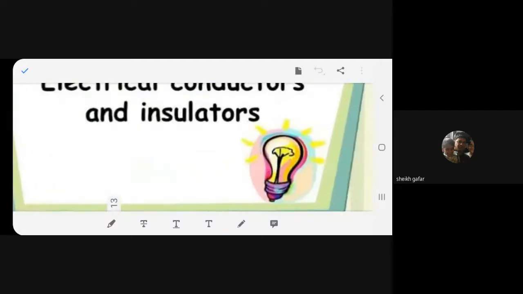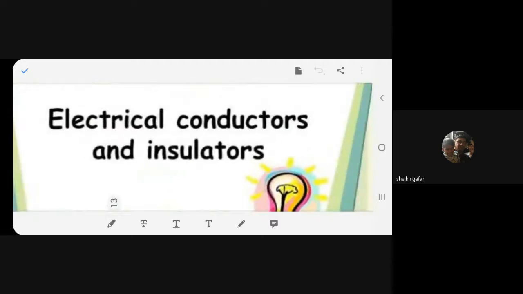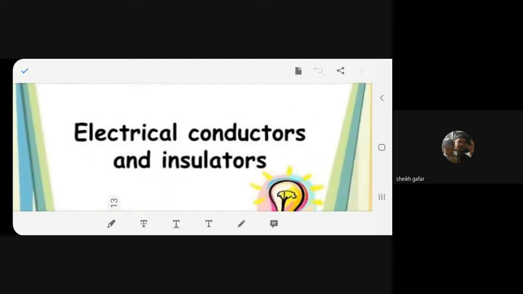Now we'll see electrical conductors and insulators. So, should I ask you what are called conductors, beta? Can anyone give me the example or the definition of a conductor? What are conductors?